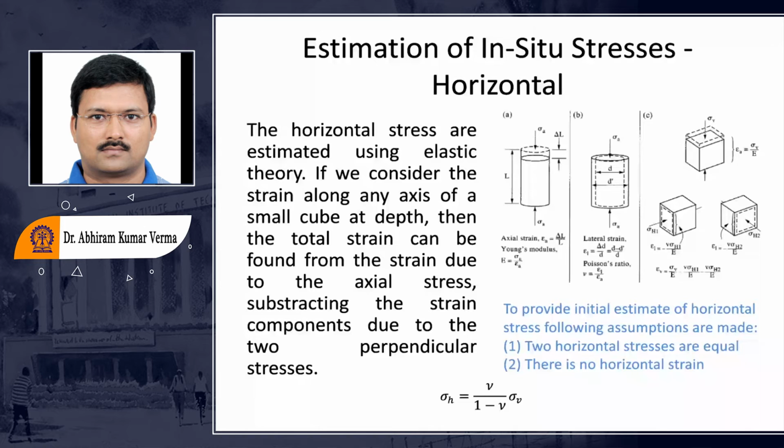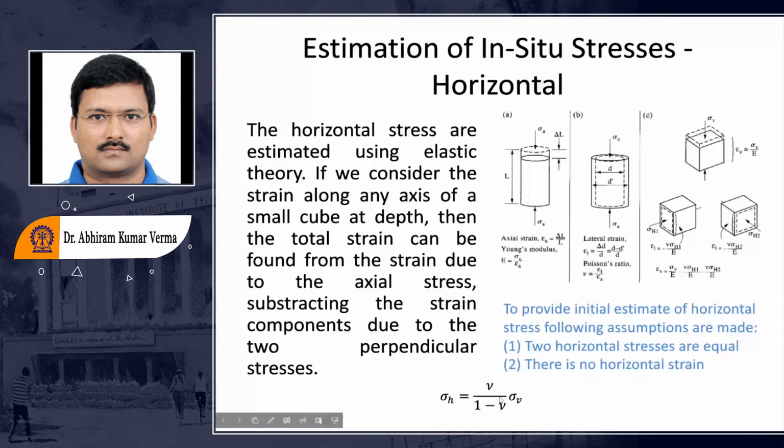I think everybody knows what nu is, Poisson's ratio. Nu is defined as the lateral strain divided by the longitudinal strain. The lateral strain is in this direction and the longitudinal strain is in this direction. So the strain in this direction divided by the strain in the longitudinal direction is your Poisson's ratio. So we can find the horizontal stress to be nu by 1 minus nu into sigma v.